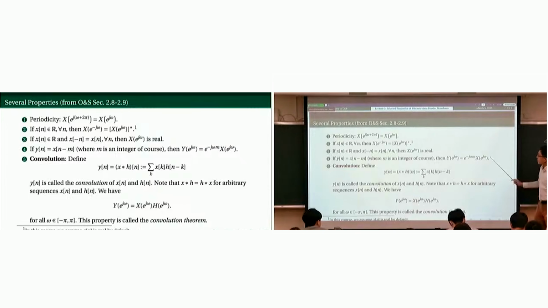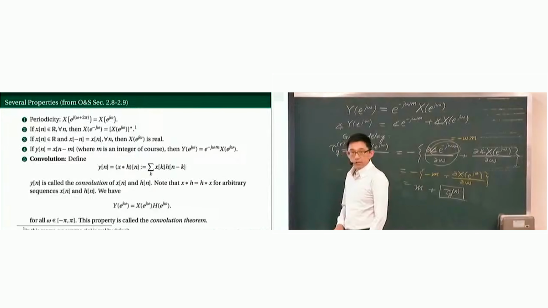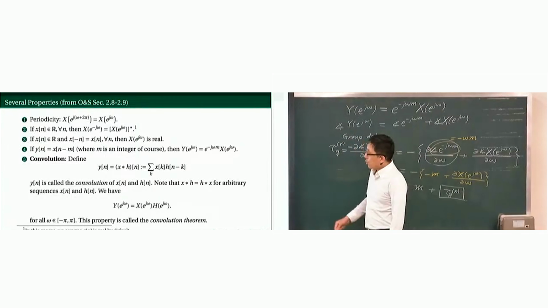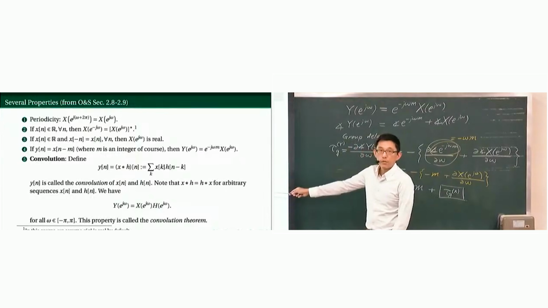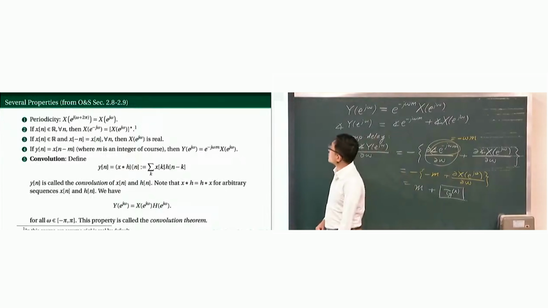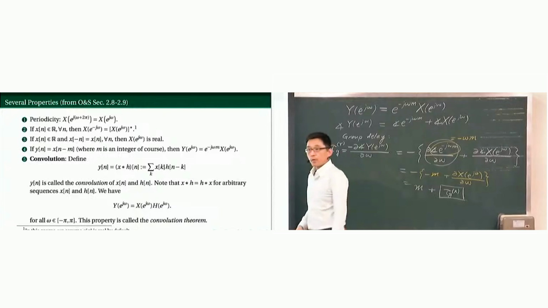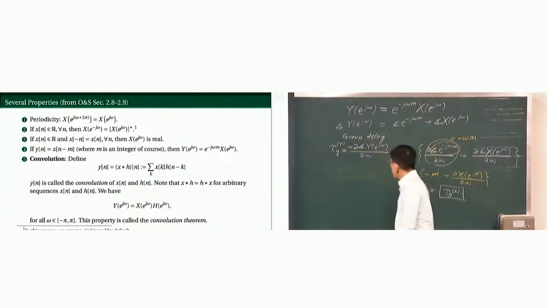So that much we can say about this shift theorem, which will be discussed tomorrow, and we are now going to move on to the next property. The next property is the convolution theorem. For anybody who needs to take a picture, maybe now it's time before I erase it.